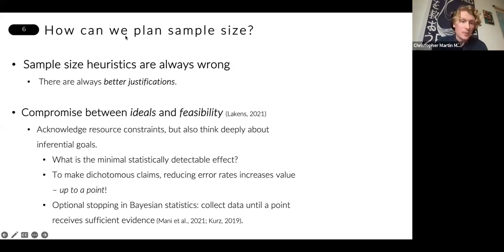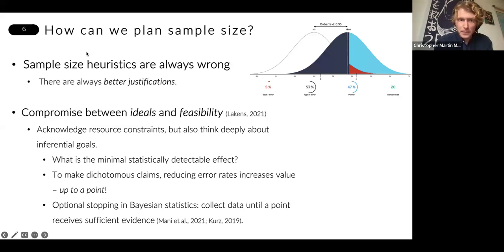And a compromise between ideals and feasibility can also be found in optional stopping in Bayesian statistics. So I'd really recommend a paper by Many et al., which looks into how much more efficient it is to use Bayesian optional stopping. And in general, Bayesian approaches are useful when you have very severe resource constraints.